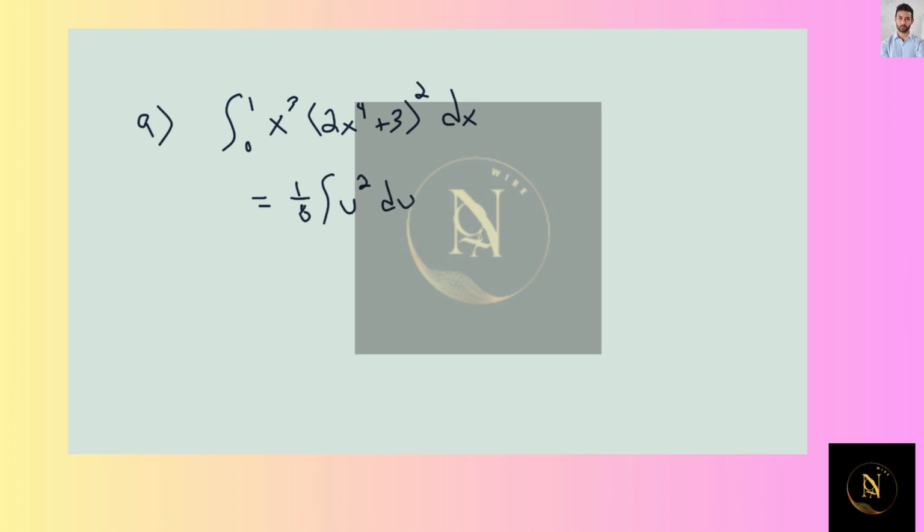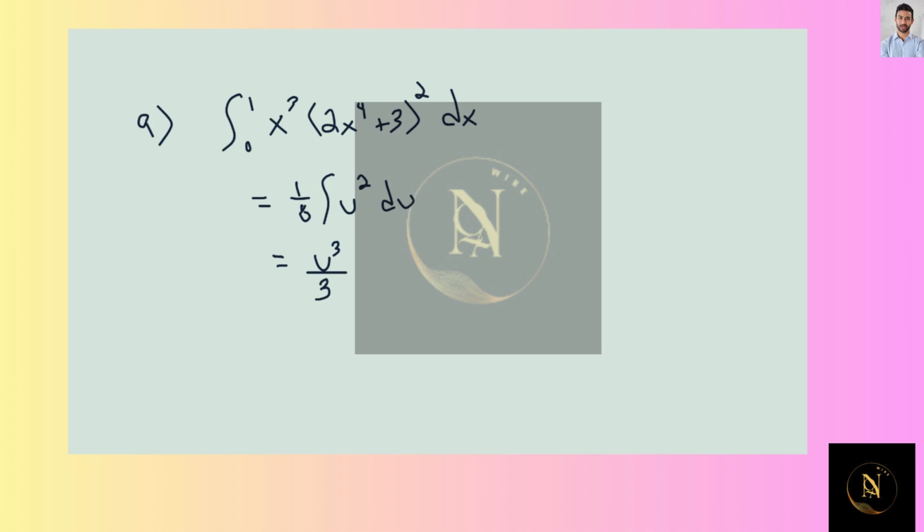And so now applying the power rule, we would get the integral of u to the nth du, which would be u to the n plus 1 over n plus 1, where n would be equal to 2. And so that'd be u to the third over 3.